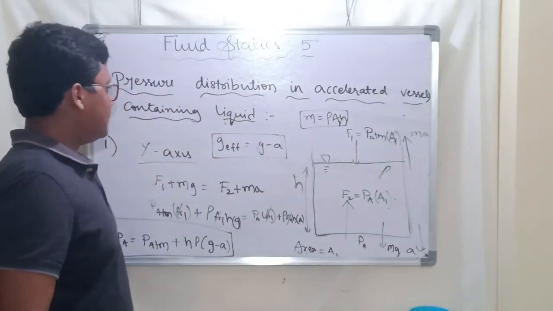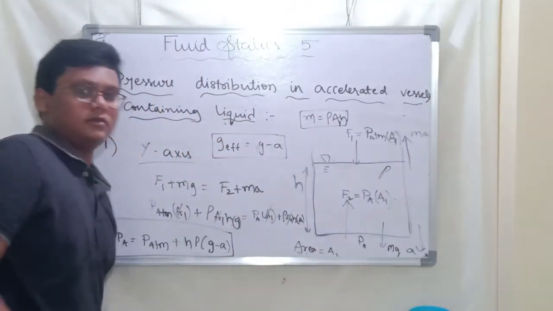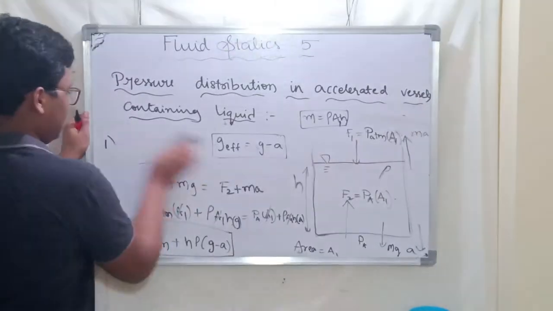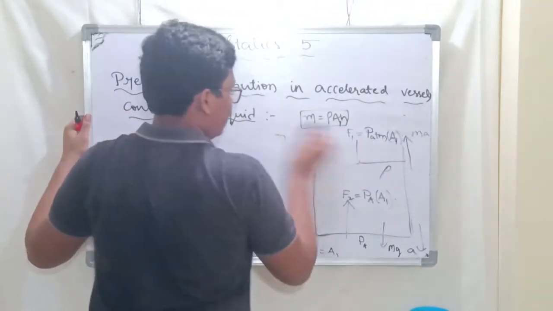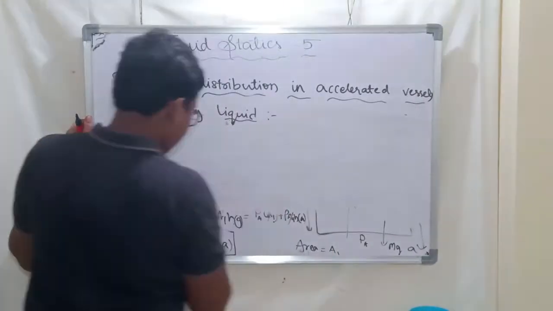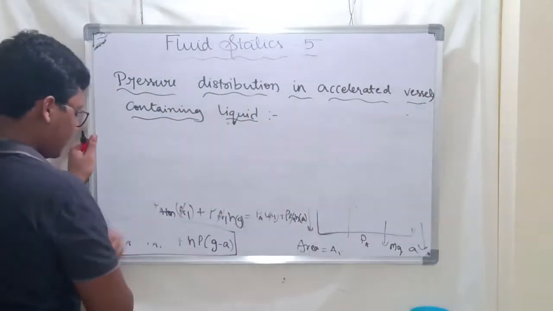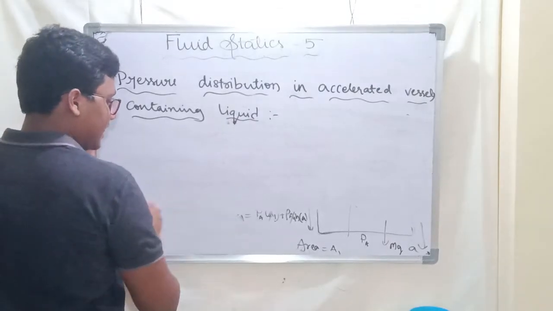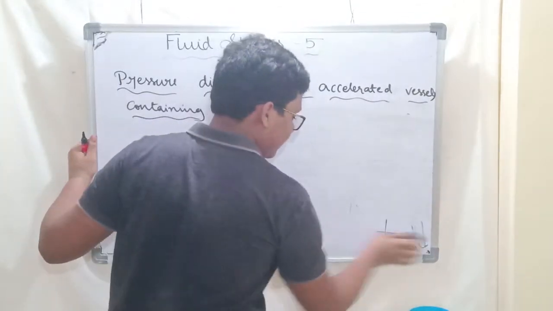Now, pressure distribution in a closed vessel. In an accelerated closed vessel, no atmospheric pressure is acting there.